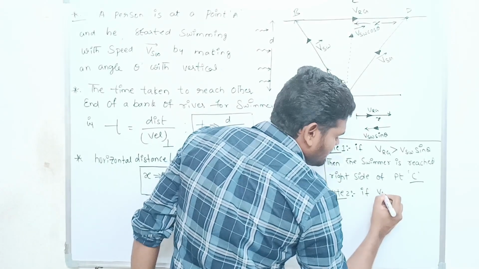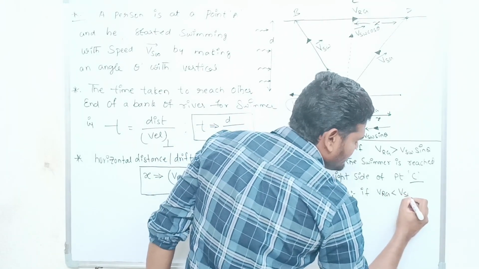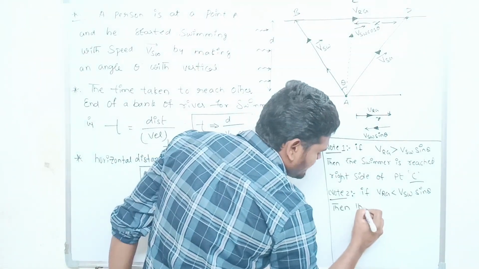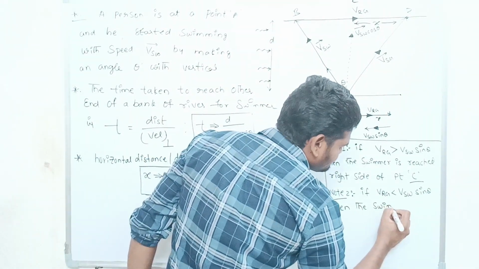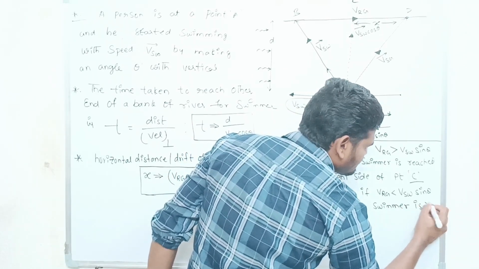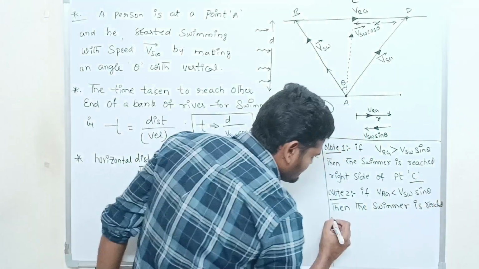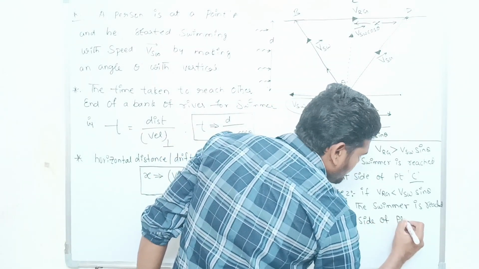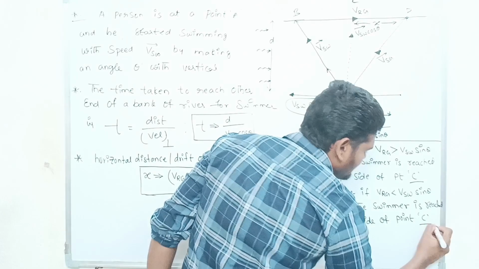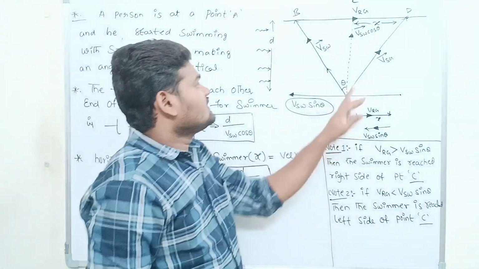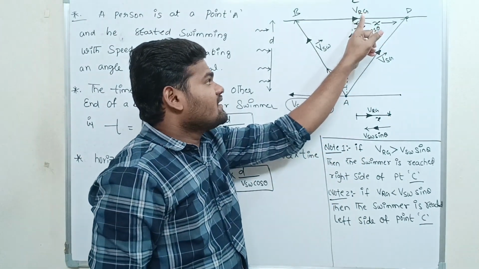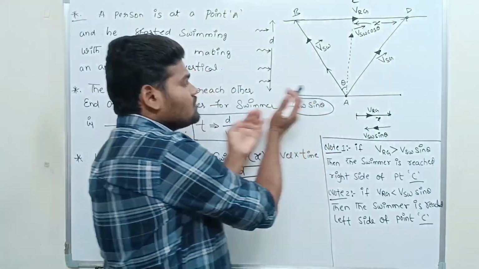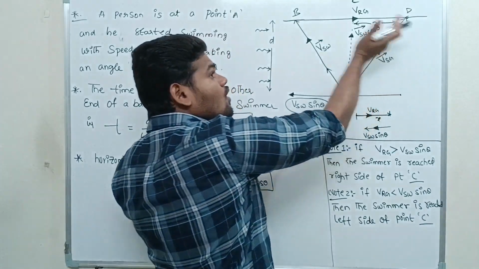If VRG is less than VSW sin theta, then the swimmer reaches the left side of point C. So whenever the velocity of river with respect to ground is less than VSW sin theta, so it is more, it is less, then what happened?